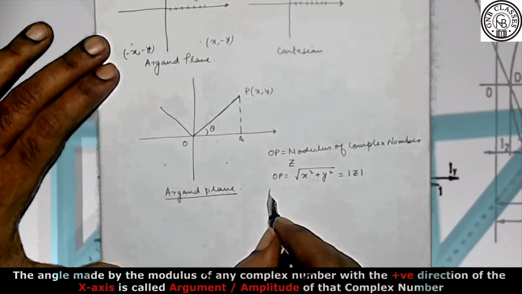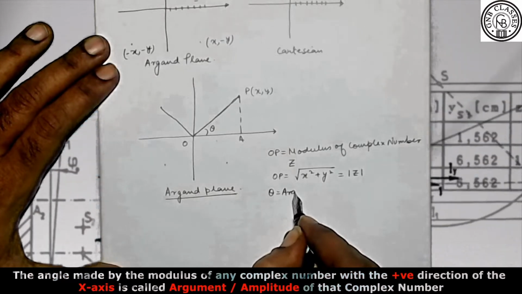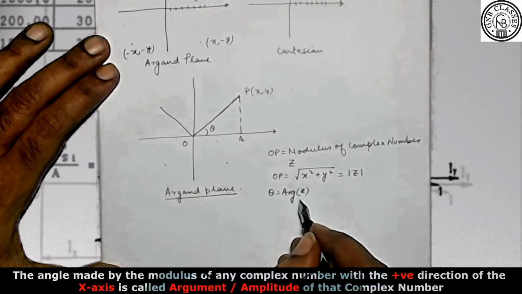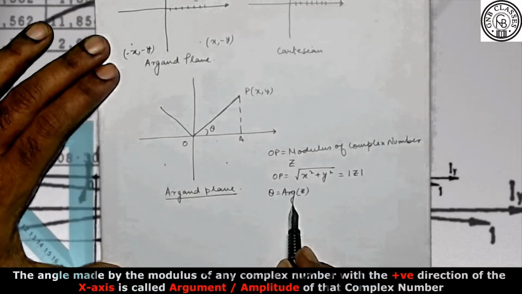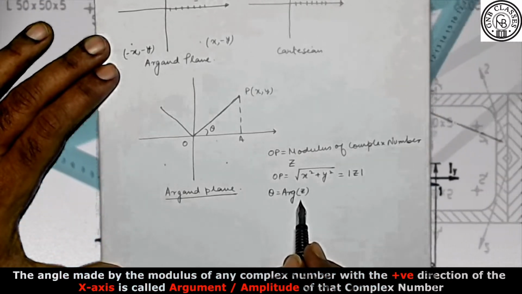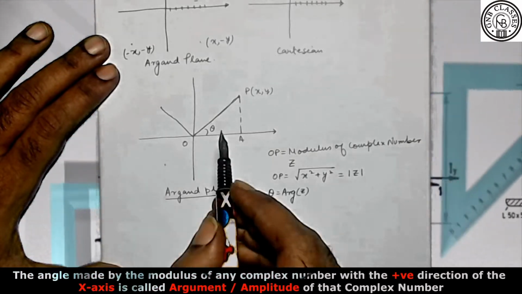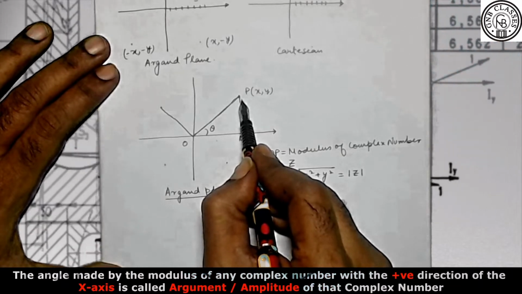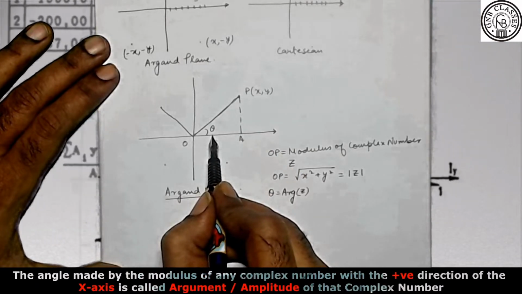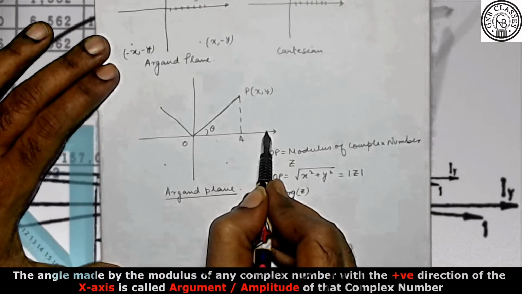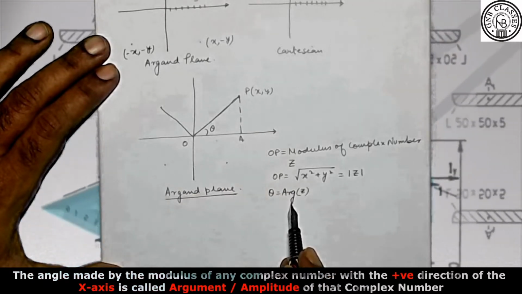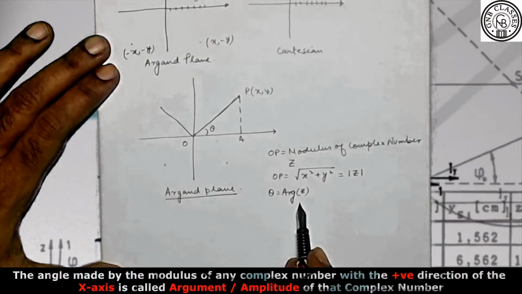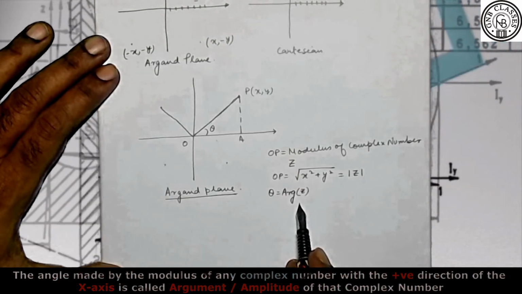Then this theta is what is called the argument of the complex number Z and it is denoted by arg Z. So what is the argument of any complex number? The angle that the modulus of that complex number makes with the positive direction of the x-axis is what is termed the argument of complex number Z, which is also called the amplitude of the complex number.